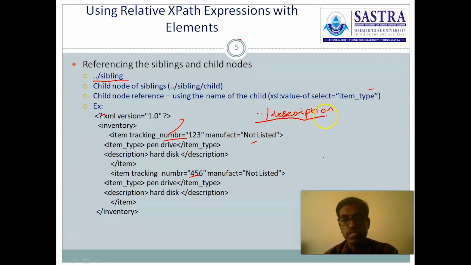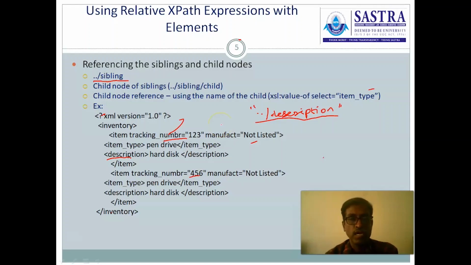By using this syntax in the XSLT, select equal to double dot slash description. If you are specifying like this, we are able to refer to the siblings of item type, description. That we can list out.